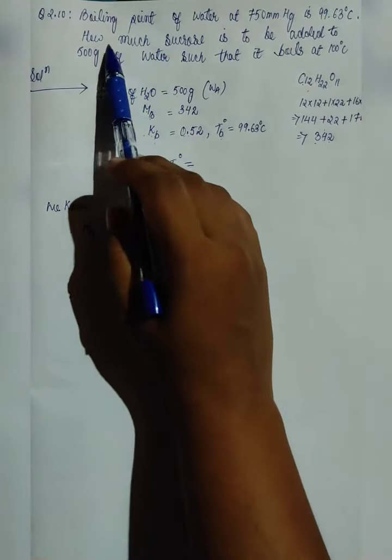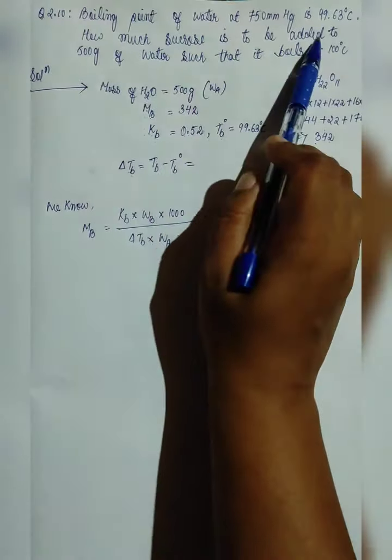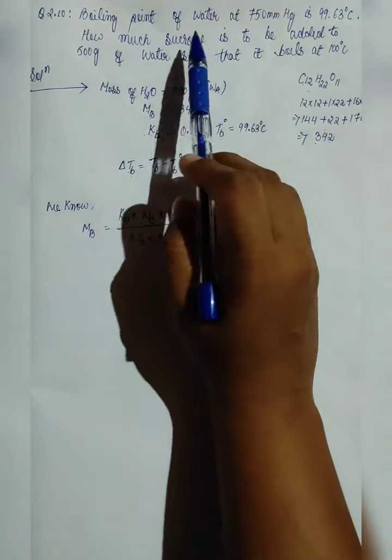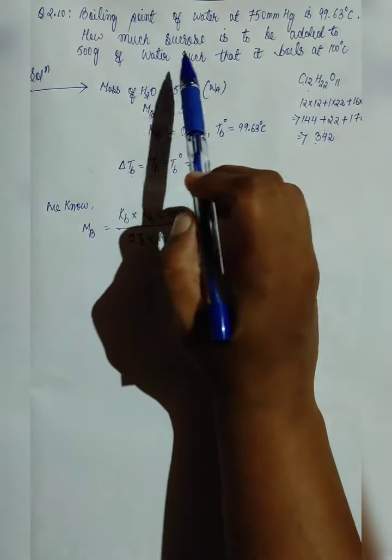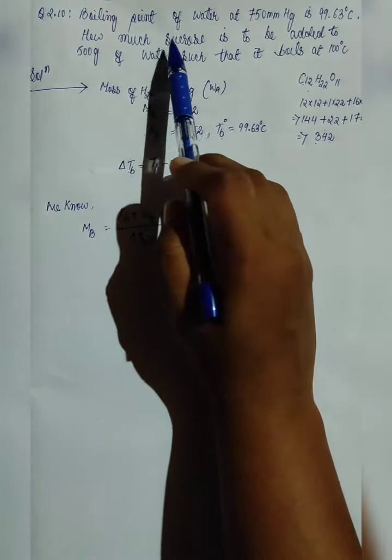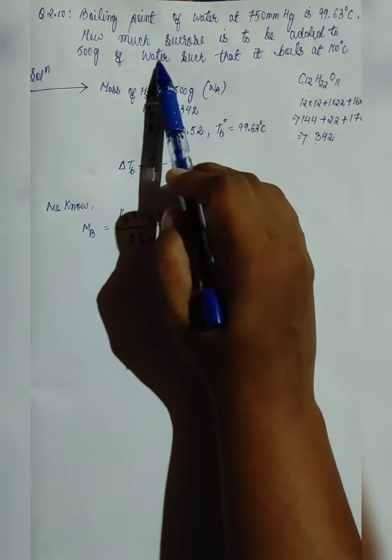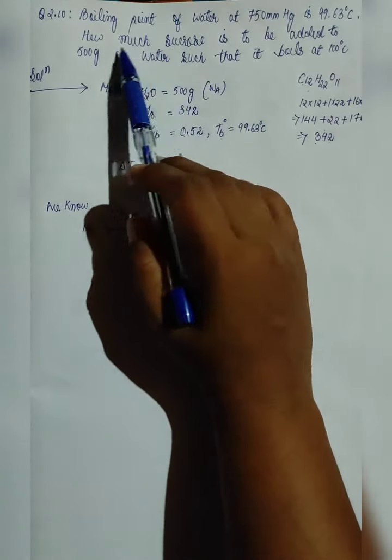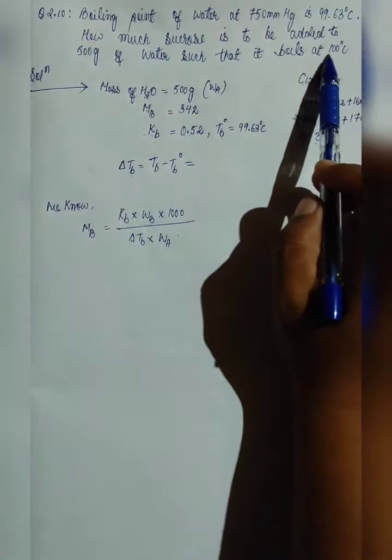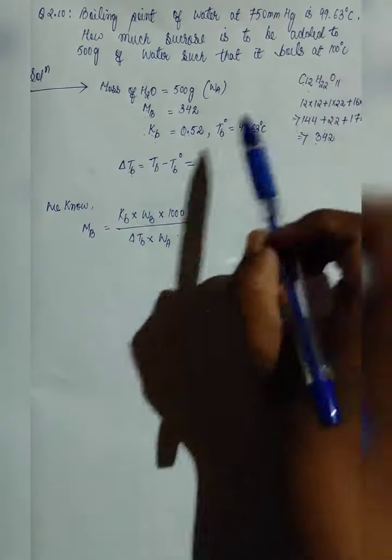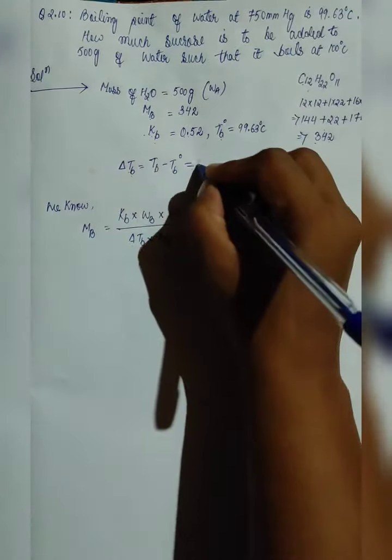Here, how much sucrose is to be added in water? That means solute is being added to the solvent. So solute plus solvent will be solution. So here it is already mentioned it is 100 degrees Celsius. So Tb is 100.